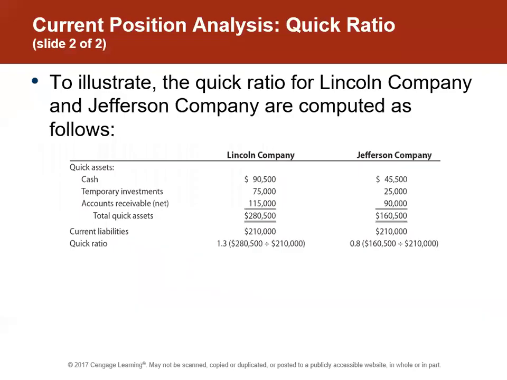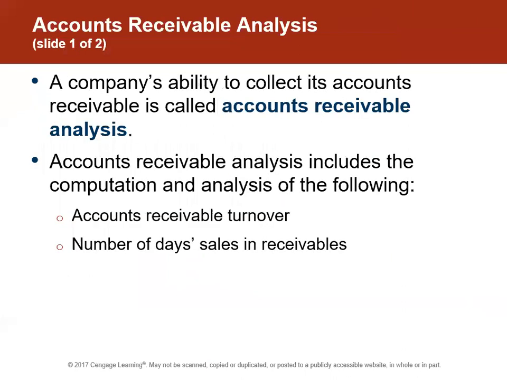Okay, so those are current position ratios. We're still in liquidity ratios, but now we're looking at accounts receivable analysis. As we talked about in the earlier chapters, our customers don't always pay, and they don't always pay on time. So this gives us an idea of whether we are doing a good job collecting on what our customers owe us.